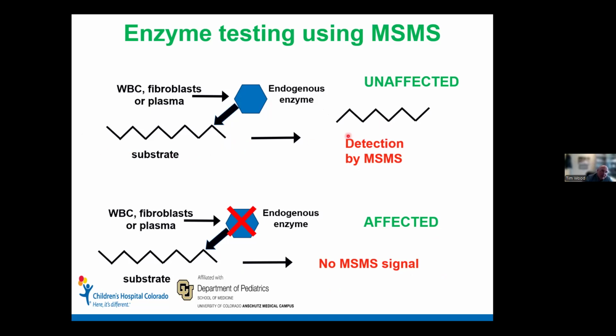Instead of looking for fluorescence or radioactivity, we could just look for the substrate going to the product, and we could detect that by tandem mass spectrometry. Again, a very specific filter, in this case, for our product. And this is the basis of a lot of newborn screening for LSDs.